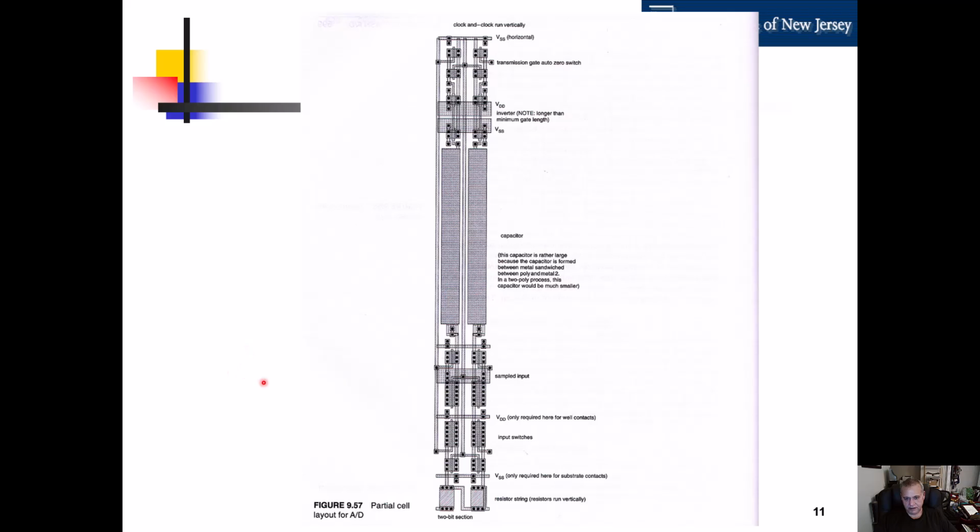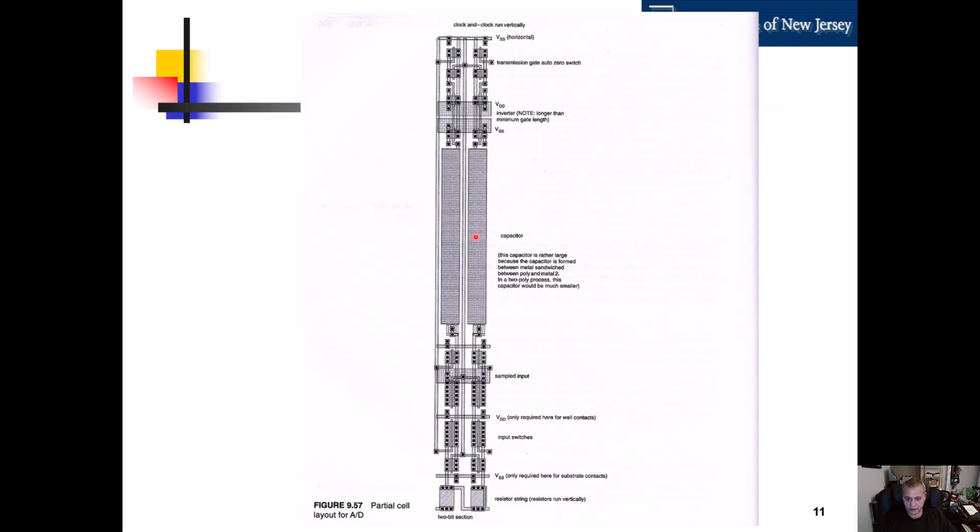The only interesting thing to note here is that this capacitor is sandwiched between metal 1 and metal 2, so it's rather large. If you had 2 layers of polysilicon, that would make for a better capacitor, and they would be smaller to achieve the same value. That's kind of an interesting observation.